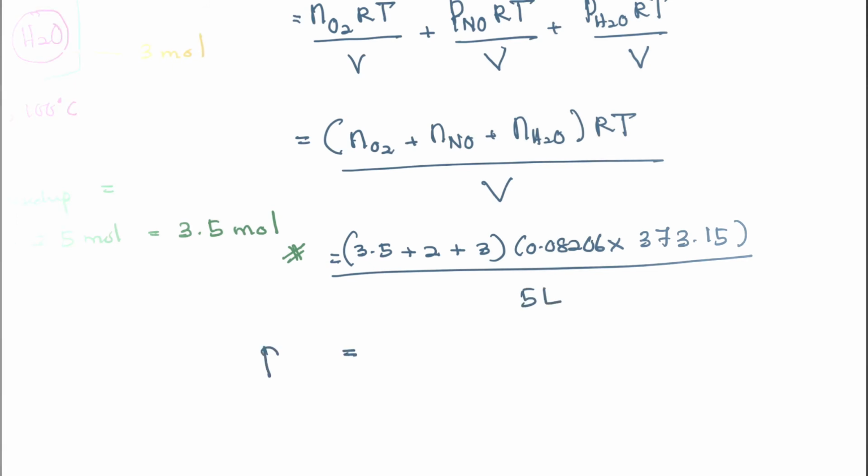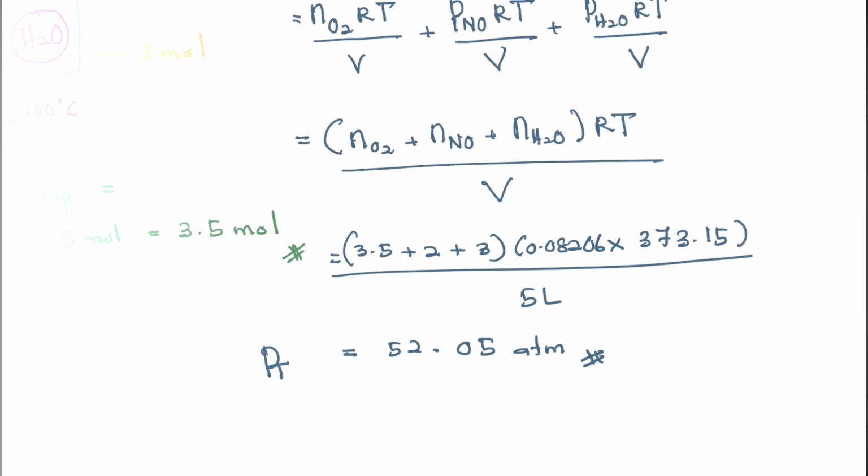And what is your total pressure? It is 52.05 atm. And what is the partial pressure of each gas? So we have two formulas. We can use the mole fraction, or you can calculate PV equals nRT for each gas.